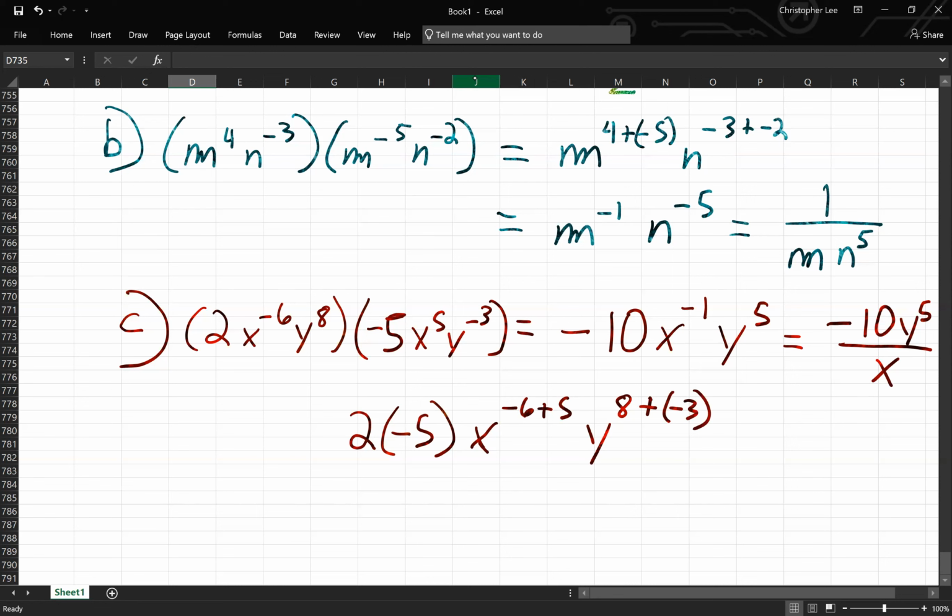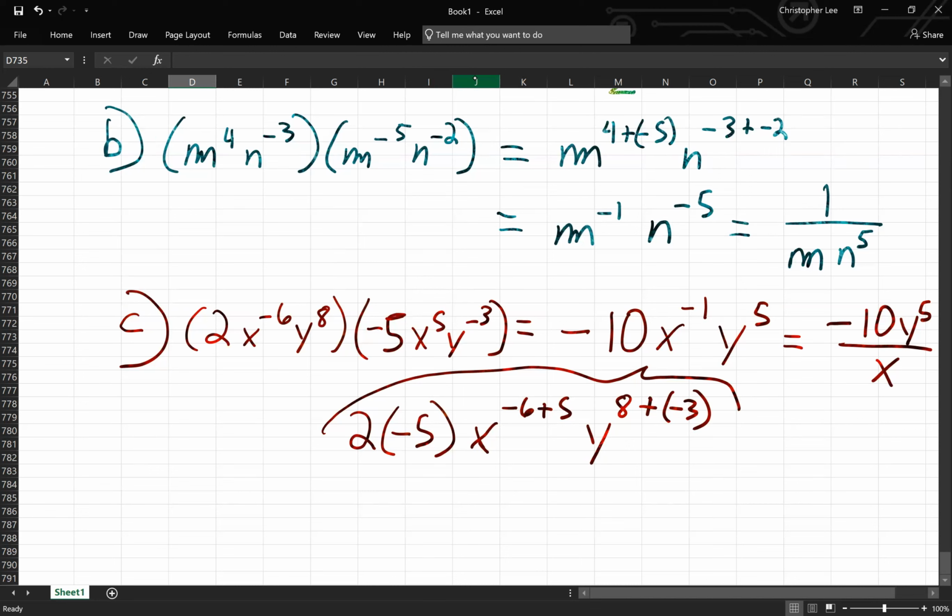If it's a negative power, and then this is how I got this answer here. 2 times negative 5, negative 10, x to the negative 6 plus 5, that's x to the negative 1, 8 plus negative 3, that's y to the fifth. But it's illegal to have negative exponents, so throw the x into the denominator.